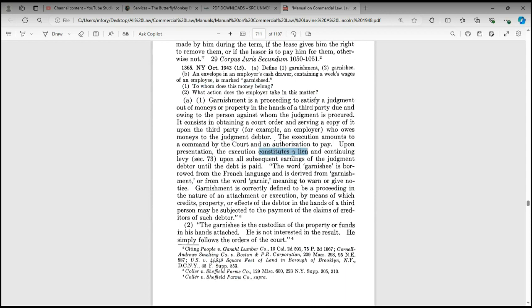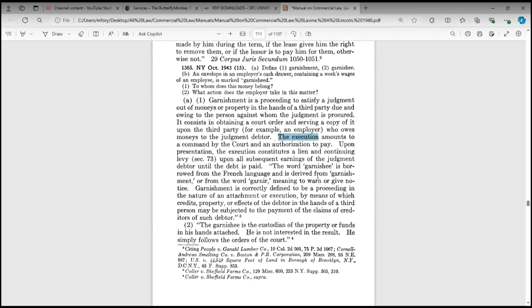So it constitutes a lien on what? Where's the context of the authority to do this? I understand the execution, that the court is ordering it, but the order is specifically on this property. But the execution constitutes a lien and continuing levy.